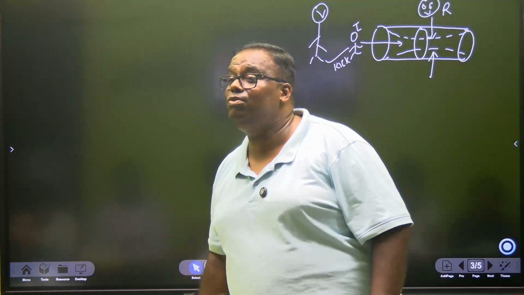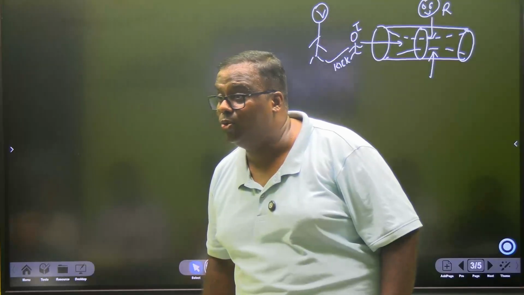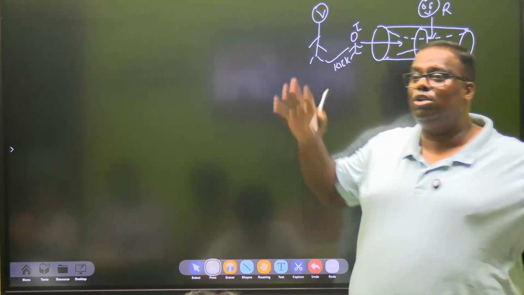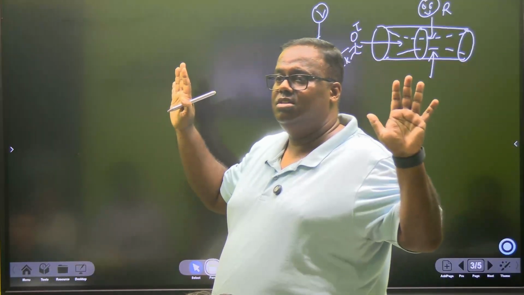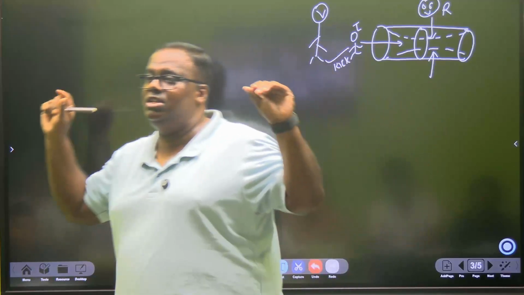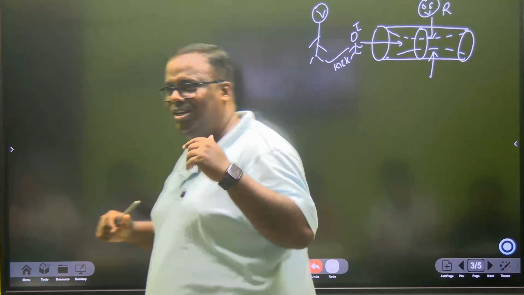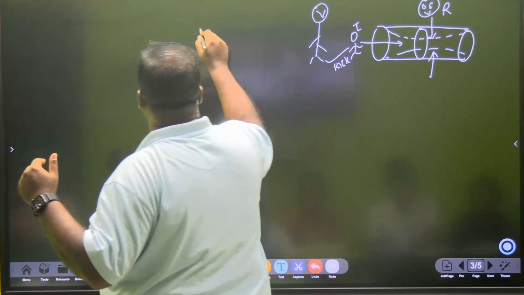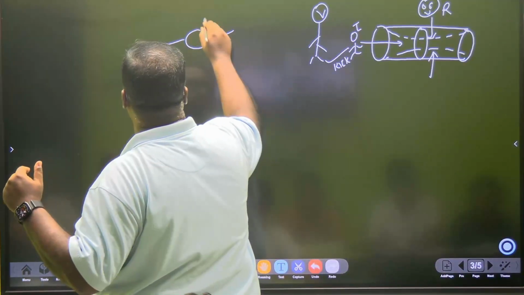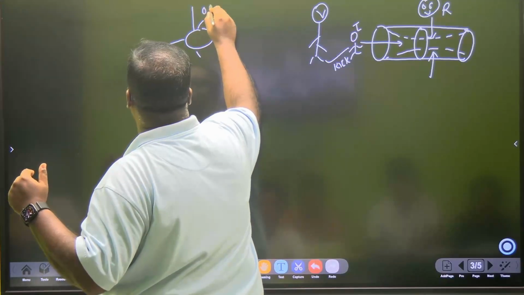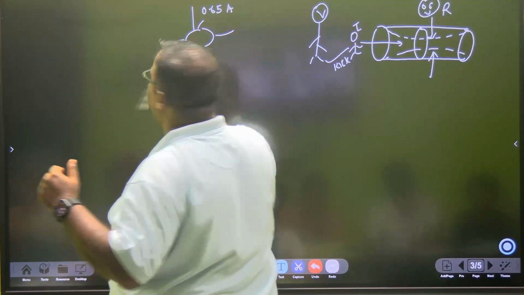Why is high voltage dangerous for you? As a human being, you also offer resistance. The human flesh offers a resistance. The other day, I gave you one question. You remember? I told you that the ceiling fan, which is rotating on my head, draws a current of 0.65 ampere.